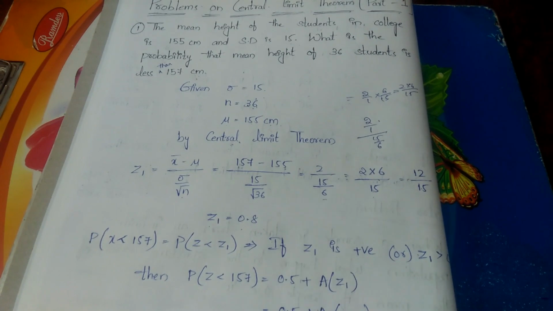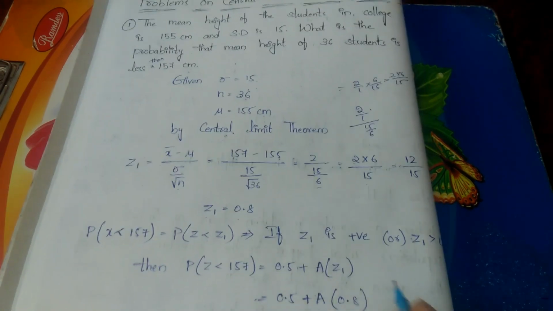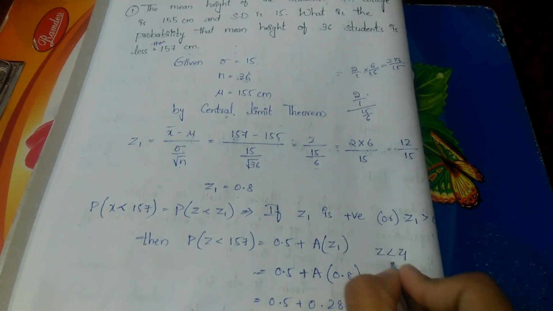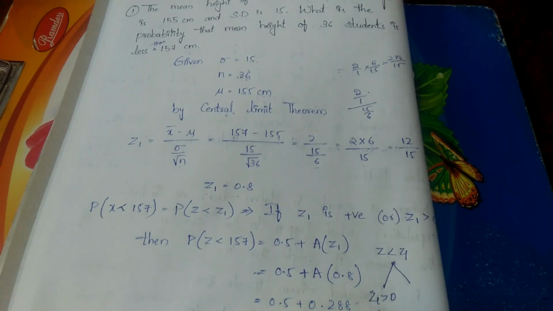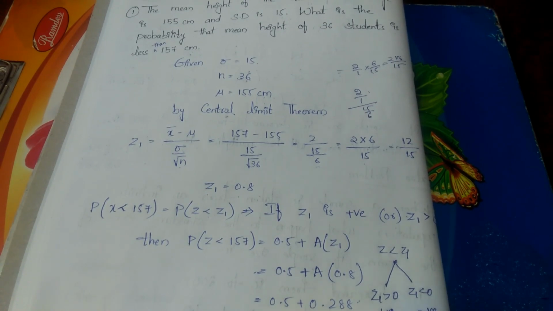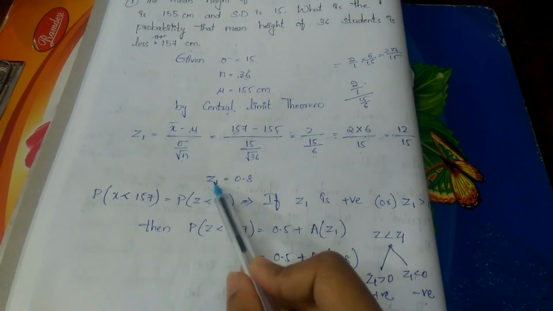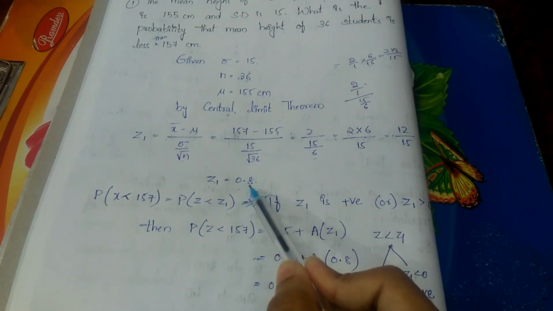So when z is less than z1, we will have two cases. Either z1 is greater than 0, nothing but positive, or z1 is less than 0, nothing but the z1 value is negative. But when you see the z1 value here, it is 0.8, which is a positive value.